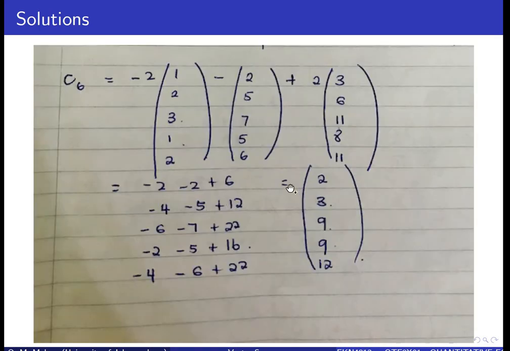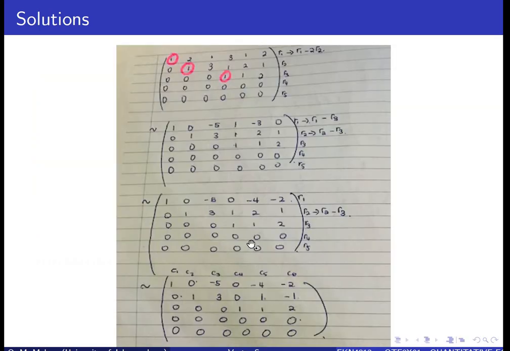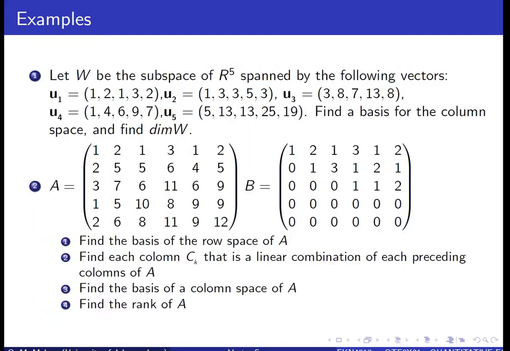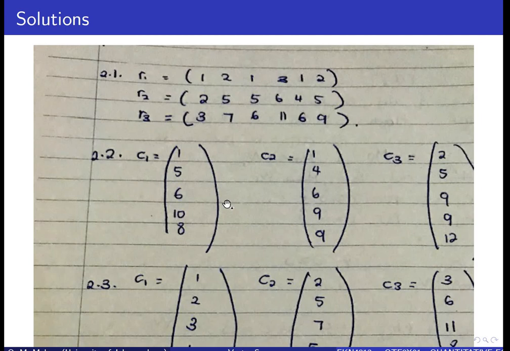So all you have to do is to check. With regards to this example, I don't know what went wrong. I got 2, 3, 9, 9, 12, but the original C6 is, okay, 9, 9, 12 were fine, and 2 was okay.